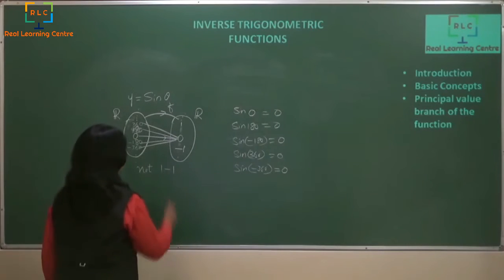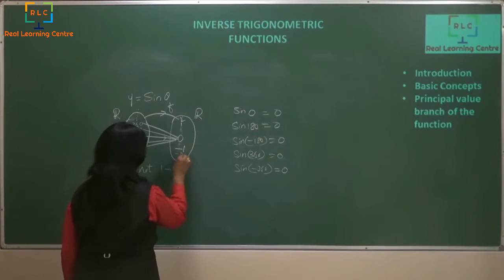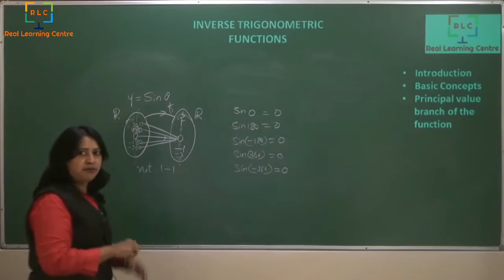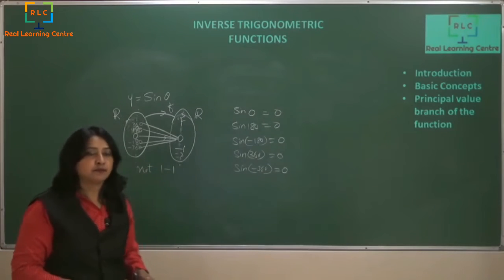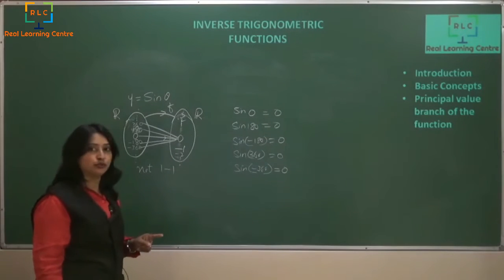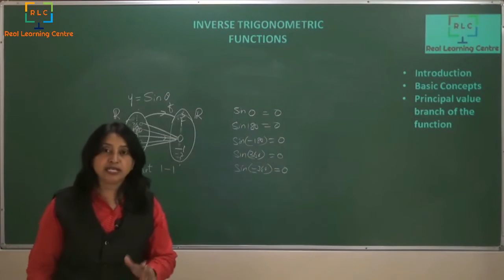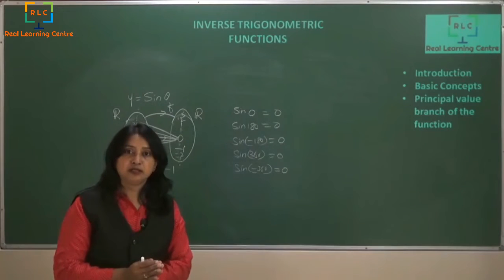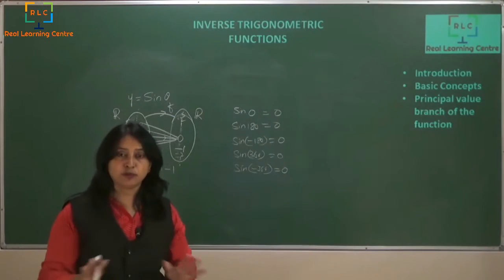See, in the codomain you will have 2, you will have minus 2, and you will have 3, minus 3, and so on, and many other fractions also will be there. Now, is it possible for you to have any degree whose sine is 2? No, it's not possible.